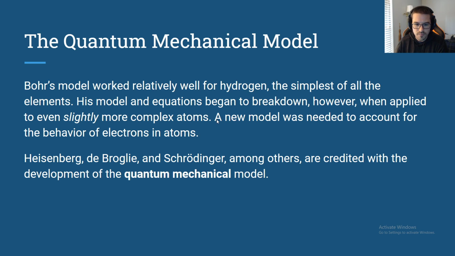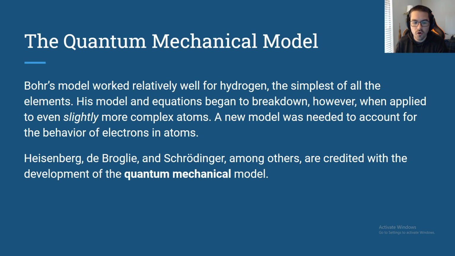So while he was onto something, a new model was needed to account for the behavior of electrons in these larger, more complex atoms. Okay. Some other folks, which we're going to talk about in varying amounts of detail, like Heisenberg, for example, are credited with the development of the quantum mechanical model.